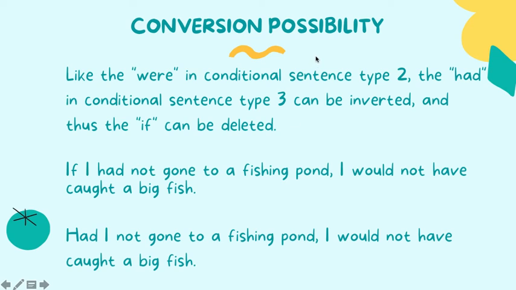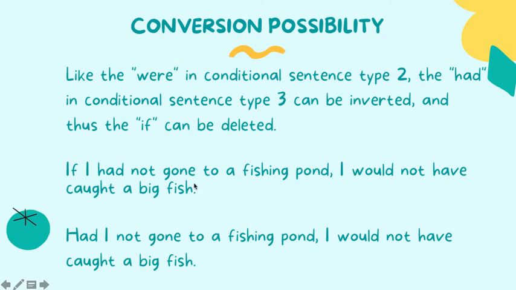So there's also conversion possibility in conditional sentence type 3. Like the were in conditional sentence type 2, the had in conditional sentence type 3 can be inverted, and thus the if can be deleted. For example, if I had not gone to a fishing pond, comma, I would have caught a big fish.